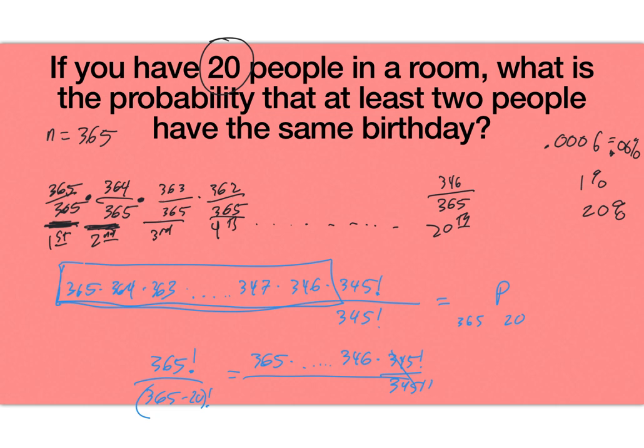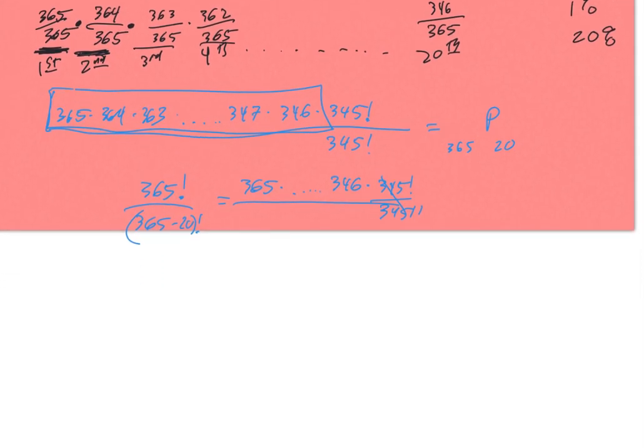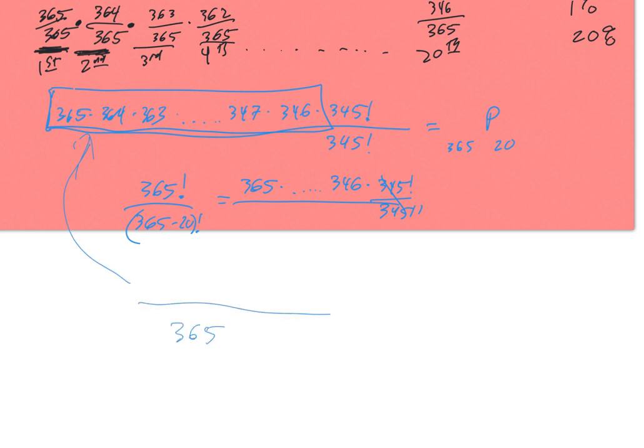So that's what's in the numerator. The denominator, what do I have? 365, 365, 365, 365. All of them are 365. So I'm going to have this big number in the numerator, divided by 365 raised to the 20th power. And now I am calculating something way beyond the scope of what your phone can do.